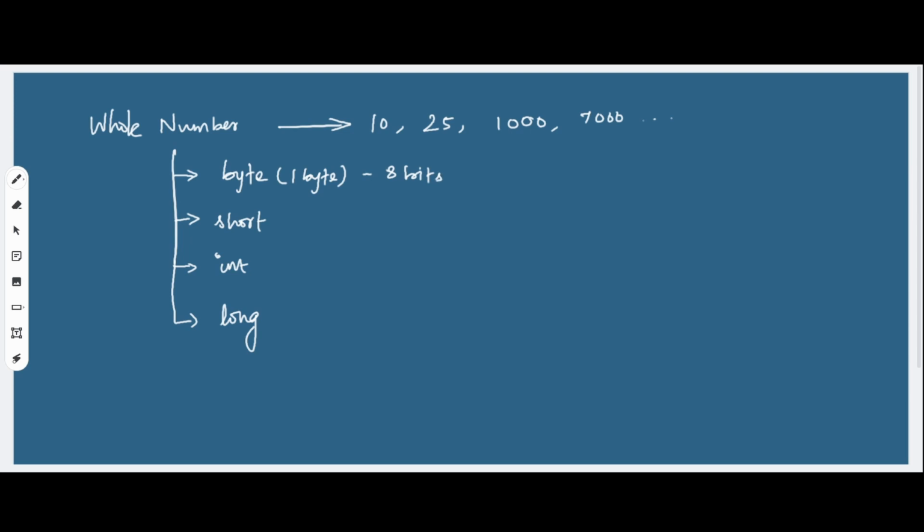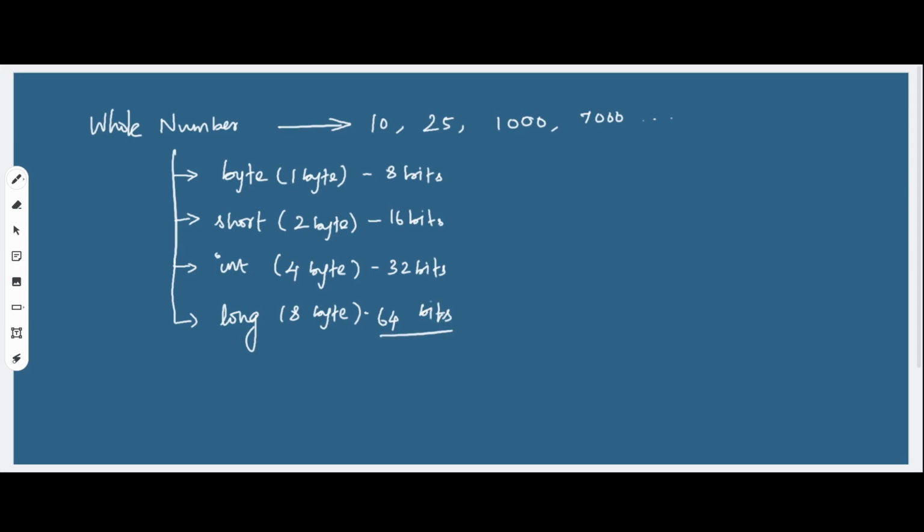A short takes 2 bytes, so 8 bits multiplied by 2 is 16 bits. The integer takes 4 bytes, which is 32 bits. The long is 8 bytes, so it takes 64 bits.